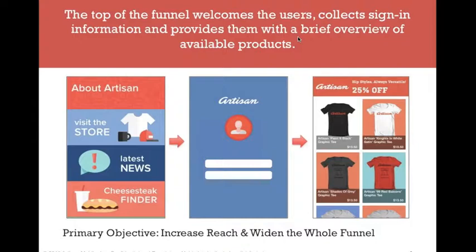As you can see, you have a home screen, you have a sign-in screen, and then you have the catalog screen, which for the developers tends to be collection views or list views of the different products associated. So with that, let me turn the call over to Corey, and she'll walk you through some very specific KPIs that you may want to consider for the top of the funnel.